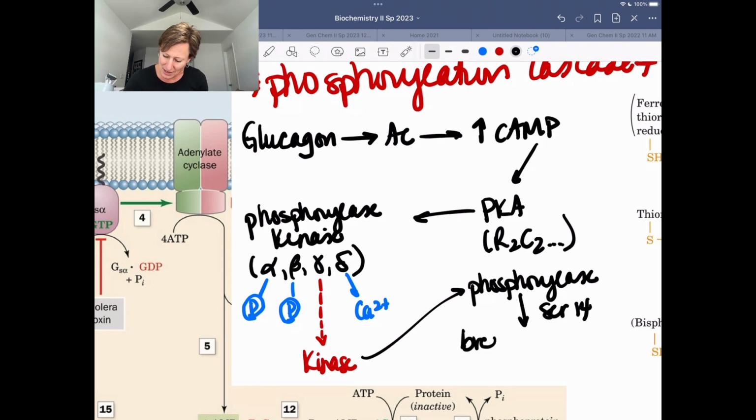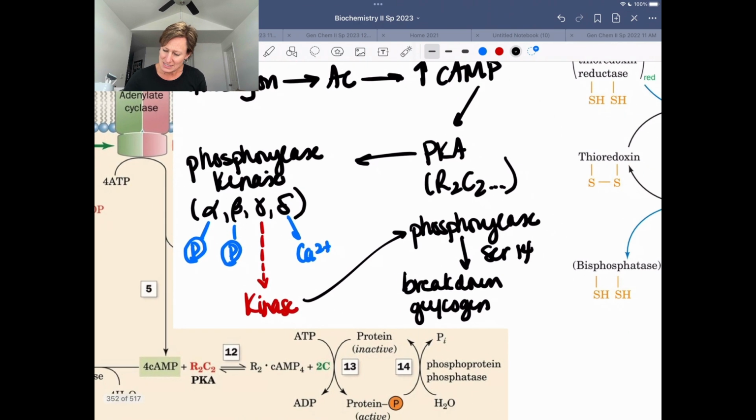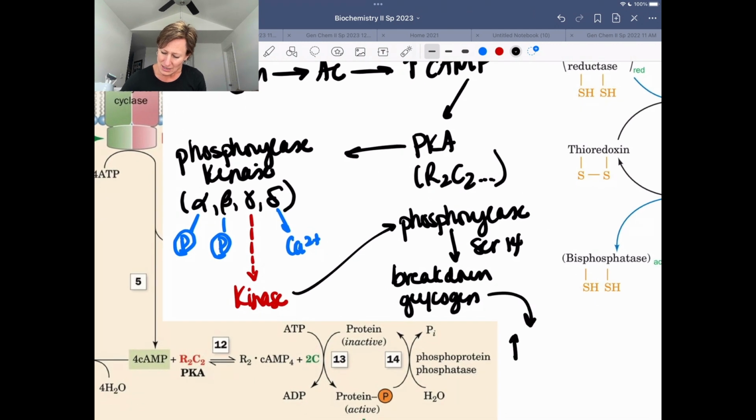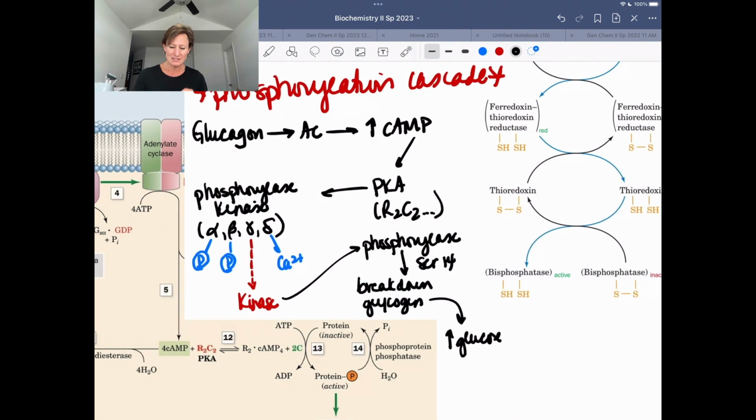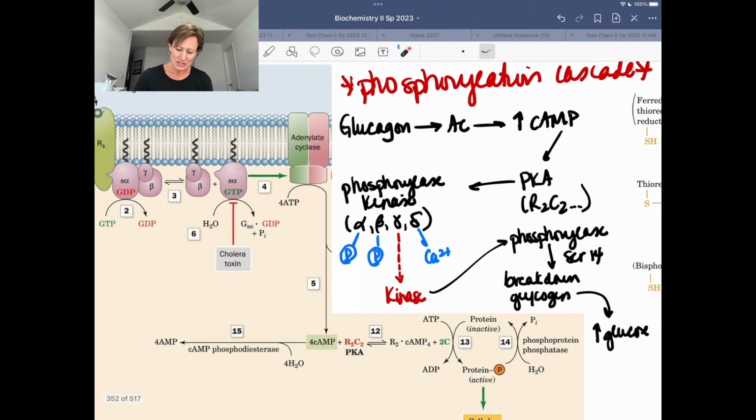We are going to break down glycogen. And at the end of the day, this is going to increase the concentration of glucose. Point being, cascades allow us to connect an upstream signal with a downstream solution. Okay, so this was our phosphorylation cascade.